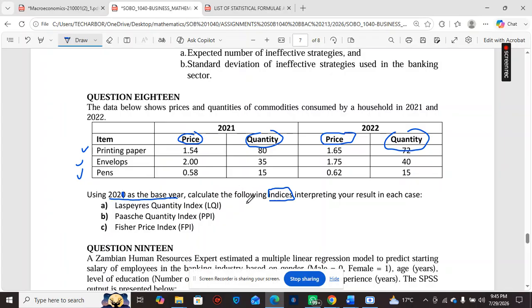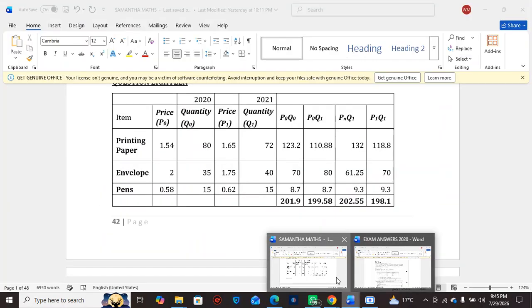To calculate Laspeyres quantity index, Paasche's quantity index, and Fisher's price index, let me define what each of these things mean.